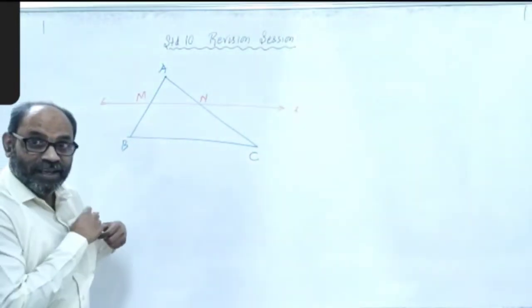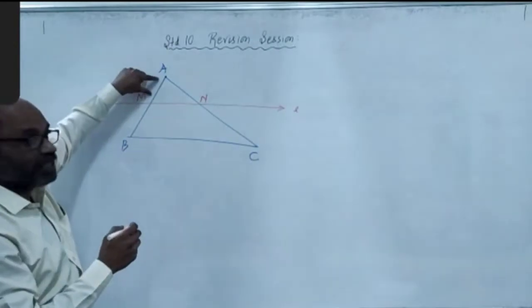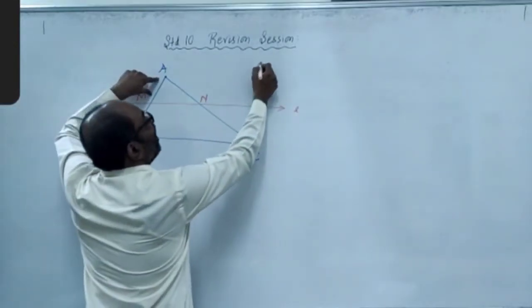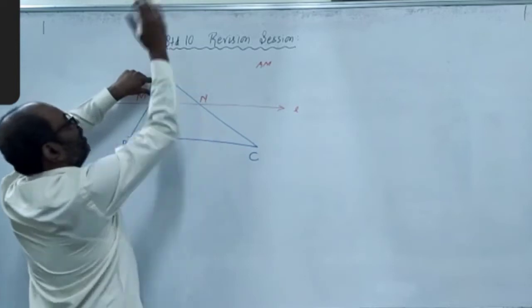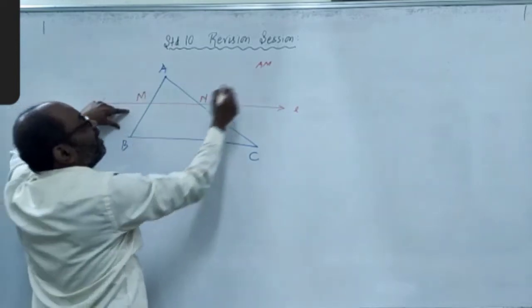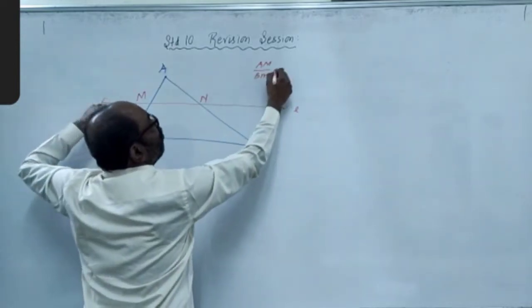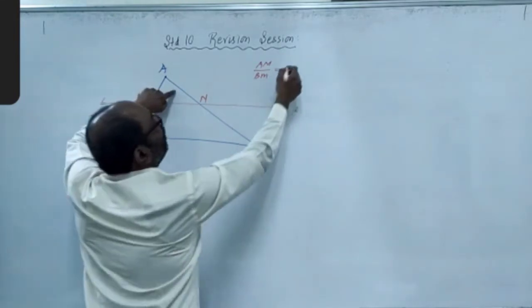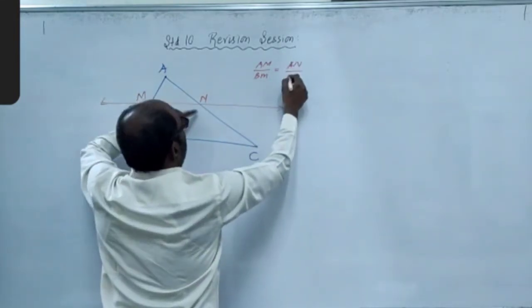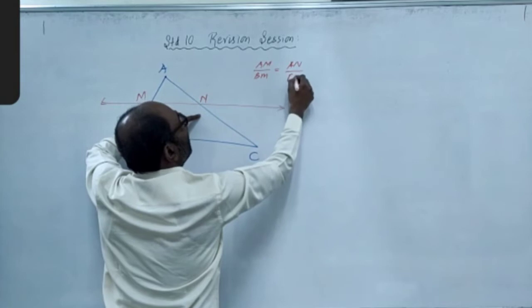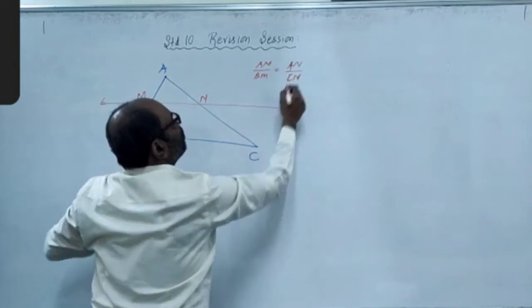Now the result is: segment AM in the upper half plane and segment BM in the lower half plane, that ratio is equal to AN upon CN. You can write NC as well.